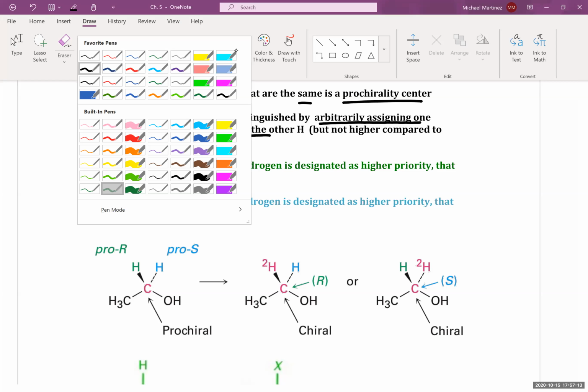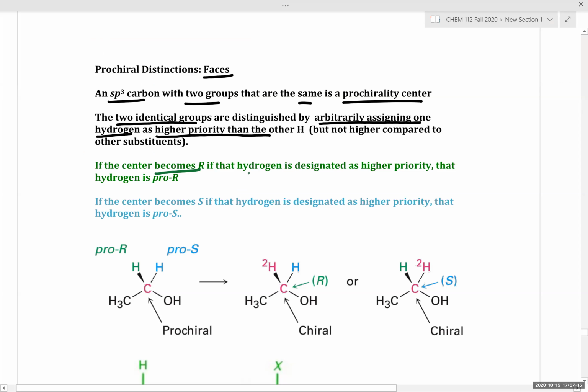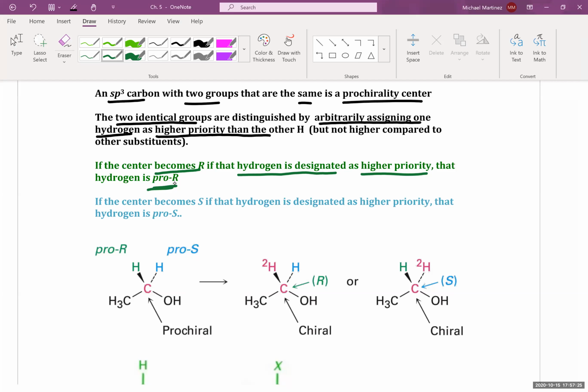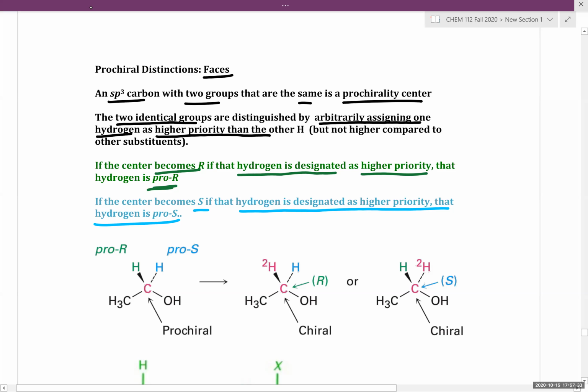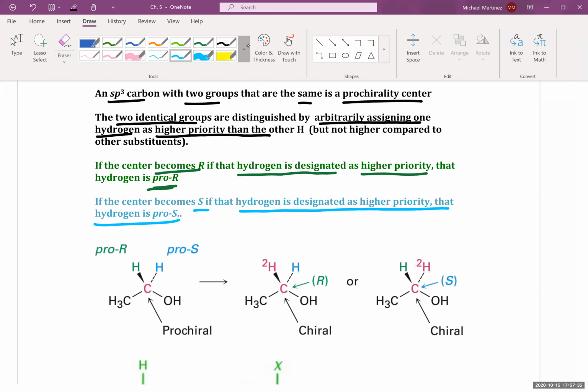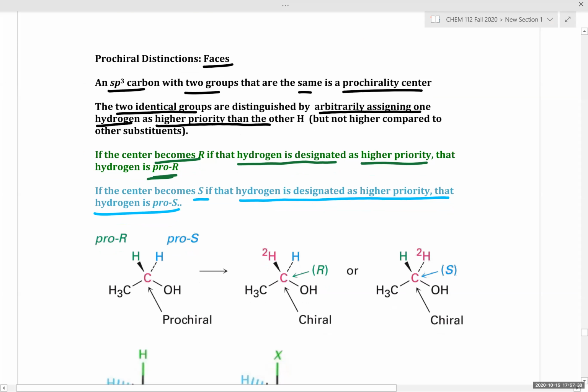If the center becomes R when that group or hydrogen is designated as higher priority, that substituent would be pro-R. If that stereocenter becomes S, if that hydrogen is designated as higher priority, then that hydrogen would be pro-S. So let's show what I mean by this.